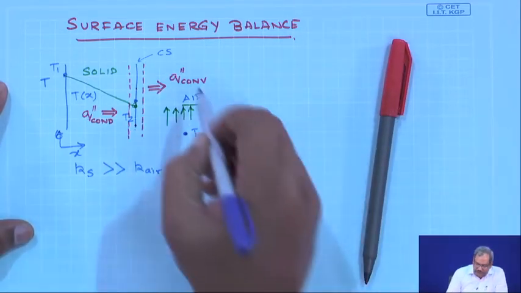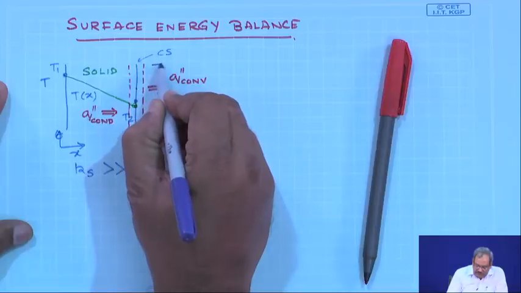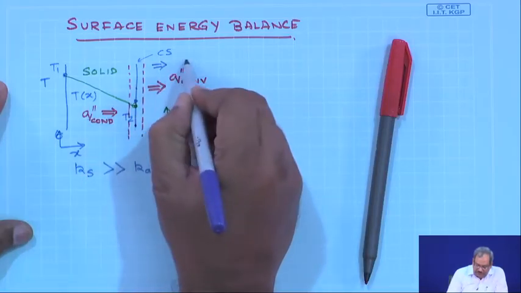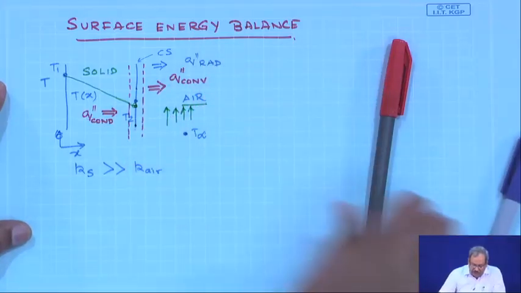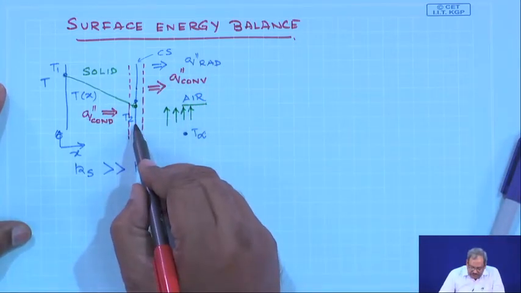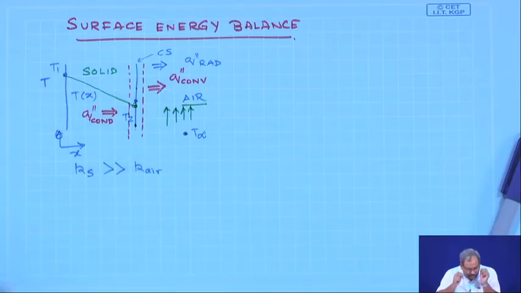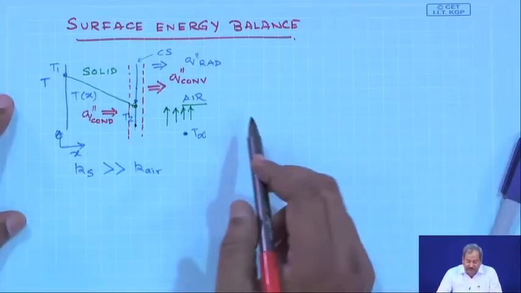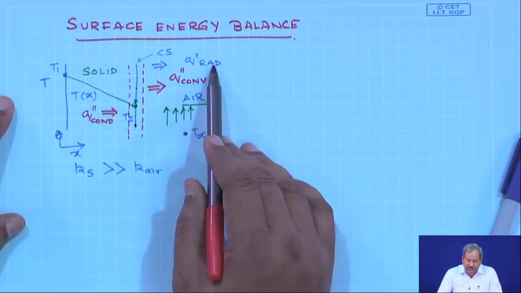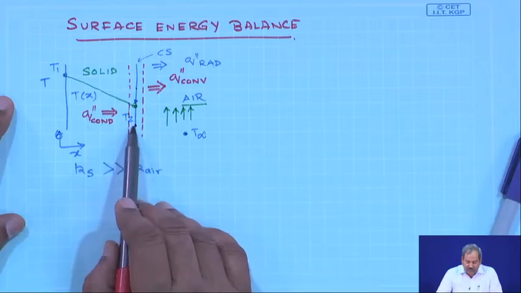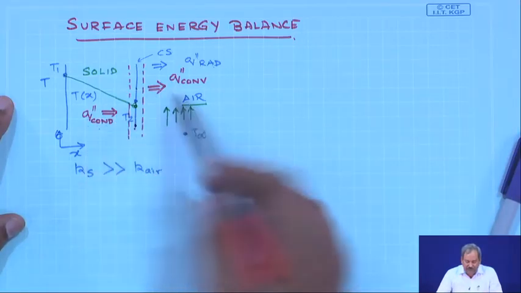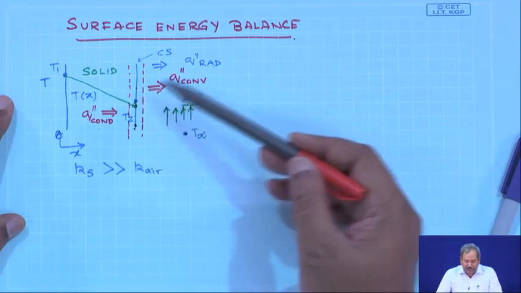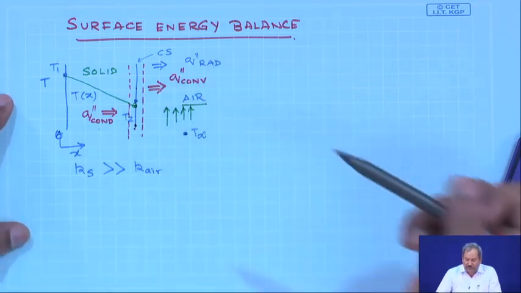Not only convection, you may also have, if the temperature of the solid is large, radiation which is going on. Okay. So, this surface, the control surface, can lose heat as a result of convection as well as radiation. So, the heat that travels to the control surface is obviously only by conduction, and the heat which is lost from the surface is convection and radiation.